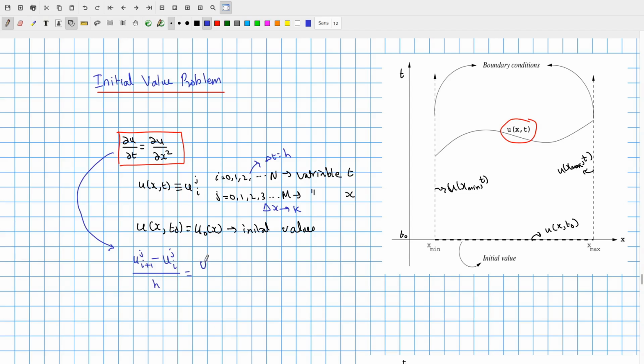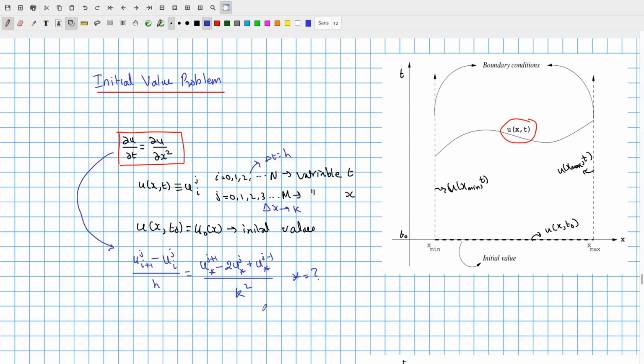Rather I will write it as u of, so the central difference will be j plus 1, and in the place of i, let us choose a star, let us see what it is, minus 2 of u star j plus u star j minus 1, divided by k square. Now what should be our star?